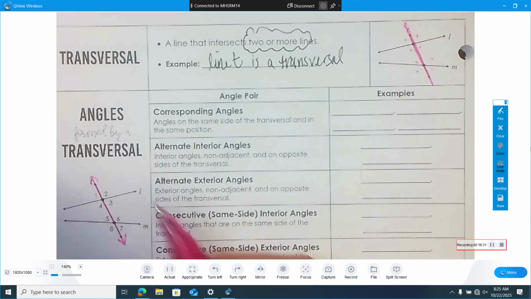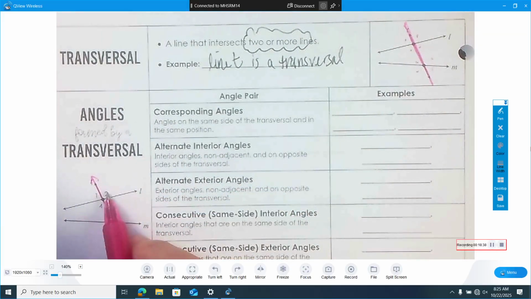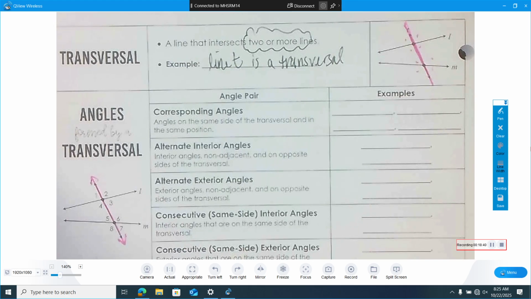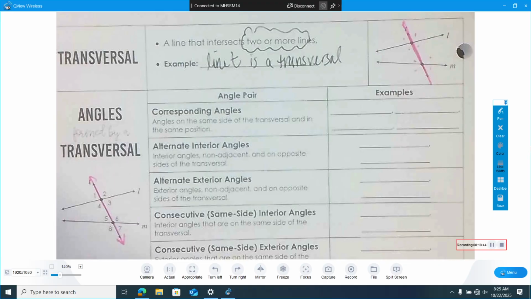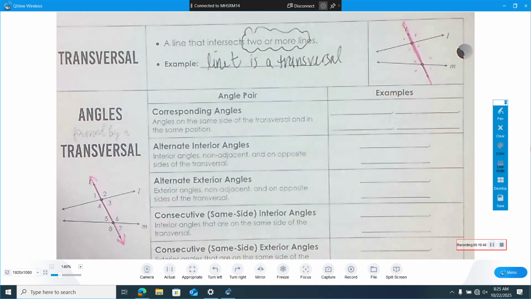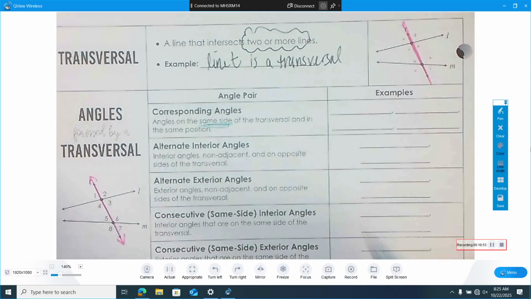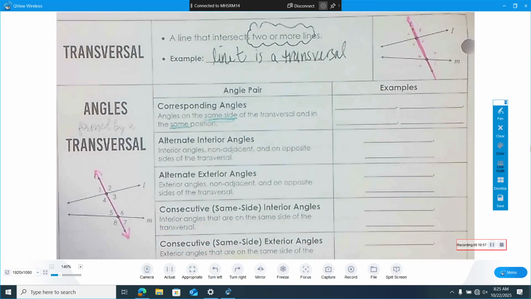So when we have this transversal T here, we create all these angles, and we went ahead and gave them numbers so that it's easier to identify them, okay? And so we have corresponding angles. Corresponding angles are angles on the same side of the transversal and in the same position. So corresponding angles have a corresponding position, all right?